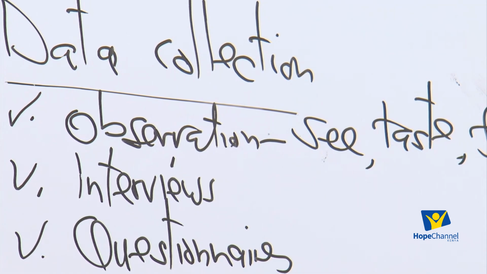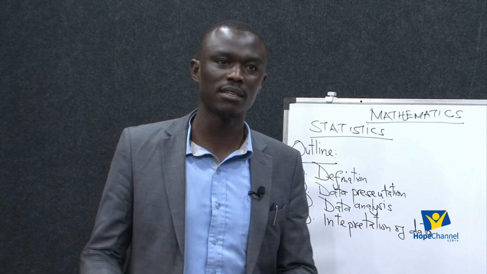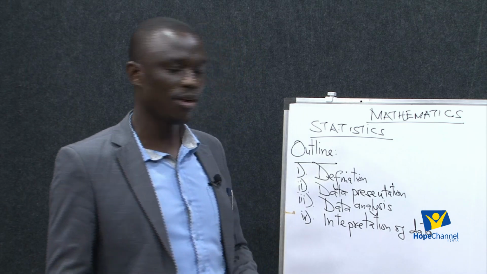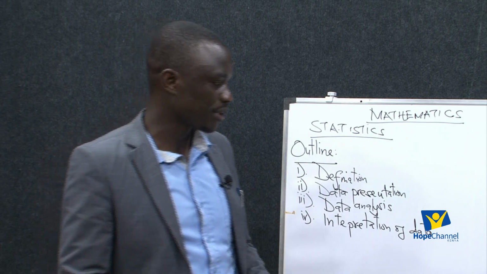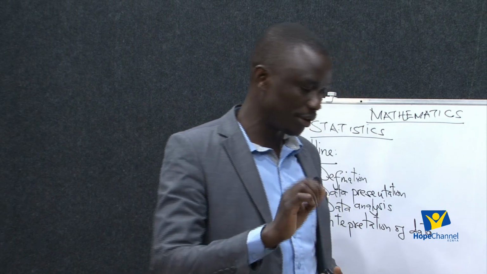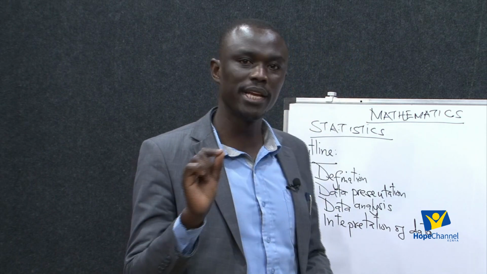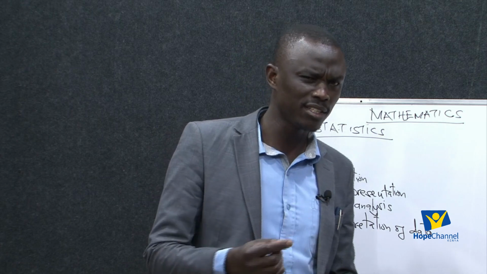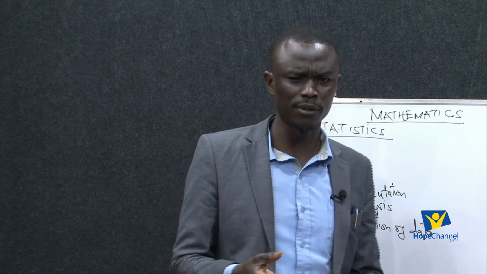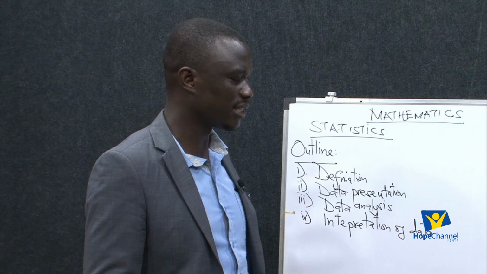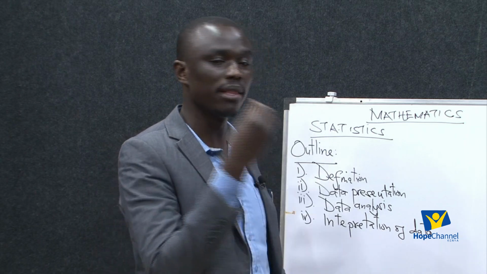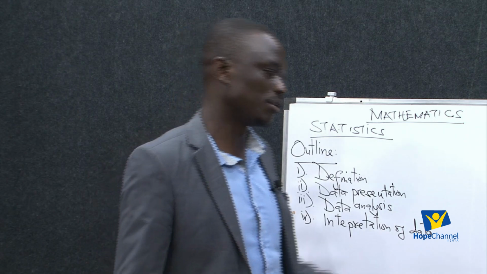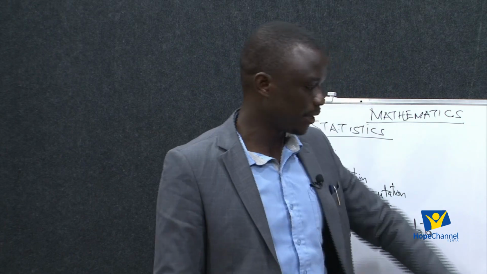I know some of you back there are asking yourselves, what are the advantages? What are the disadvantages of these particular methods? You will just be noting down some of the advantages. What do you think? Like observation, what can interfere with it? That is a disadvantage. You can also look at the advantage part of it, but that one is not part of the class today.